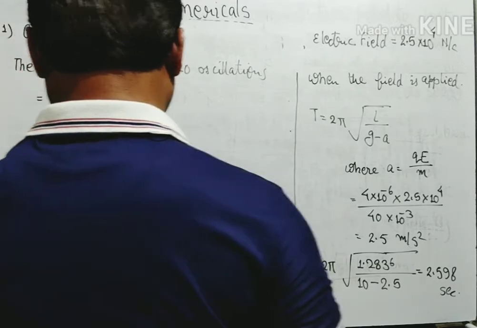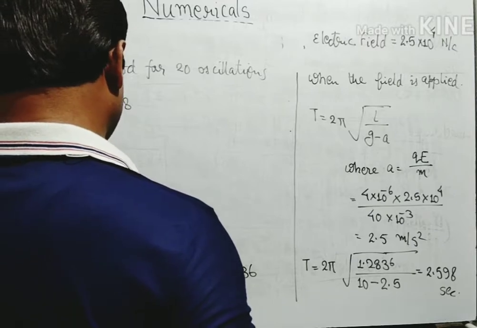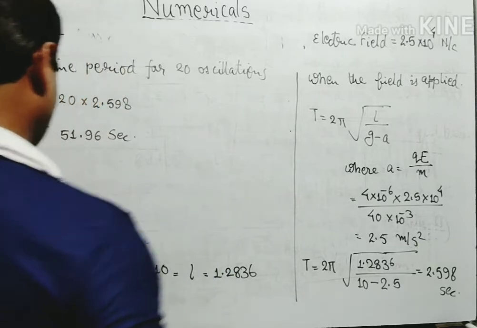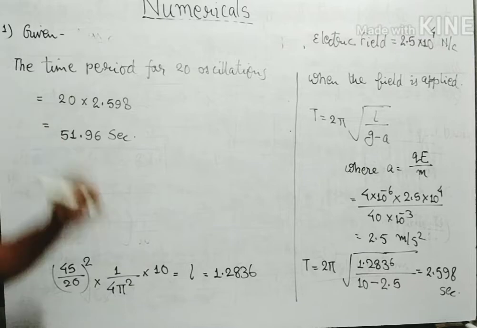This comes out to be around 51.96 second. So this is the time we get for 20 oscillations when the electric field is applied.